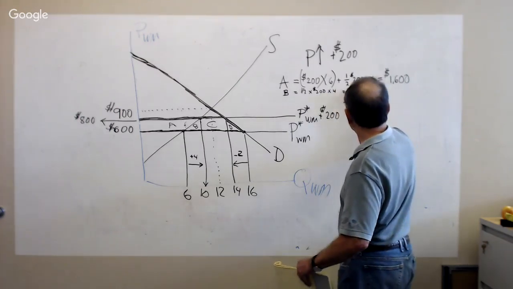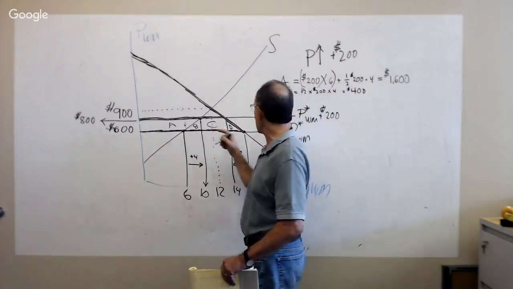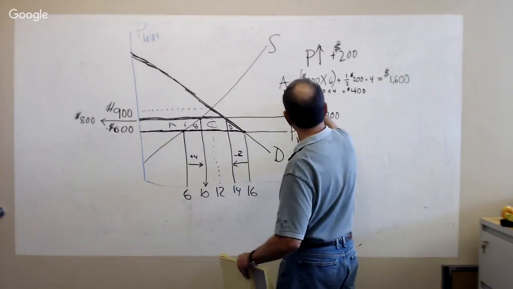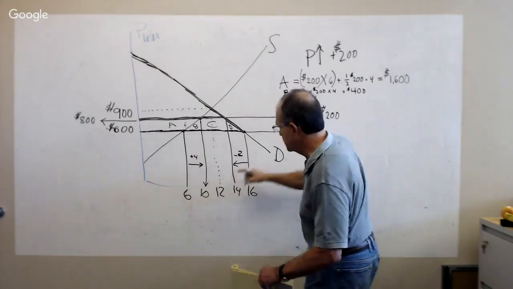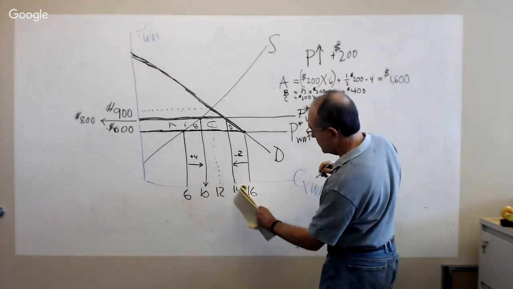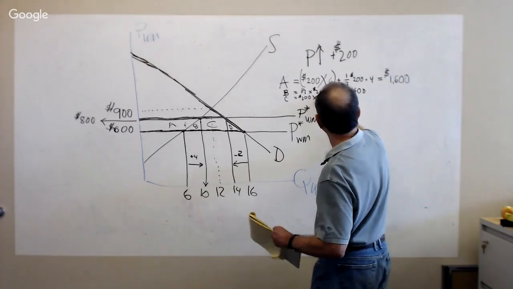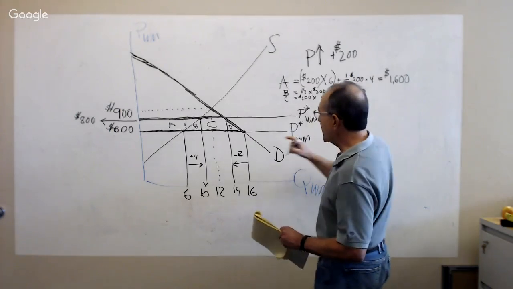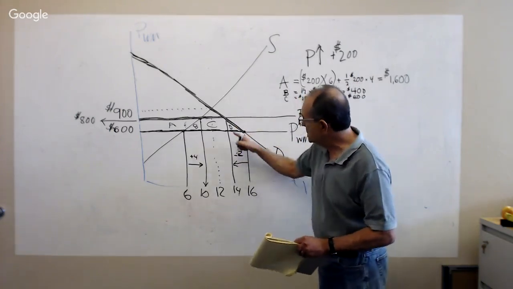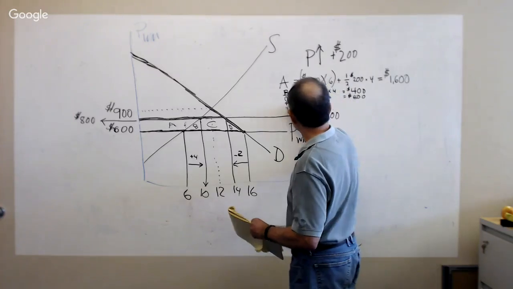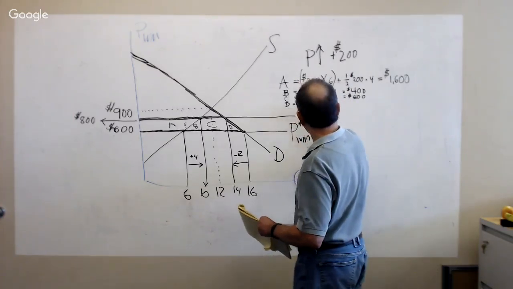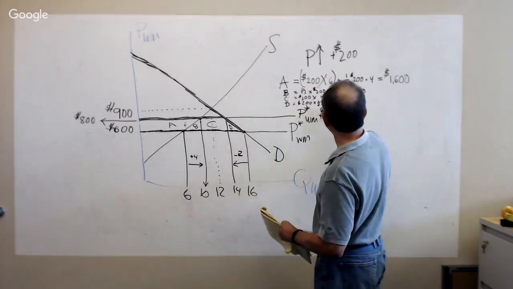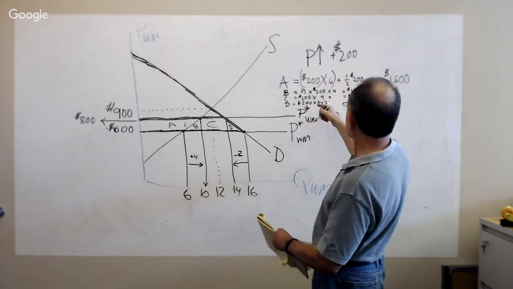And then there's this C area here, and that's a rectangle, and the distance up is 200 times the distance across, which is 14 minus 10, which is 4, and that is equal to $800. And then finally, we have this triangle D. The distance up is also $200 times 1/2 times the distance across, which is 2. So that's $200.